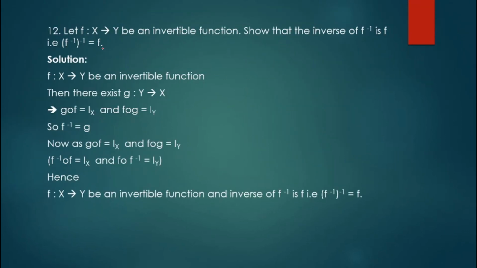Okay, 12th question. Let f: X to Y be an invertible function. Show that inverse of f inverse is f, that is f inverse of inverse equal to f. Let's see. They are already saying it's an invertible function, so there exists g: Y to X such that gof equal to I_X and fog is equal to I_Y, right? Next, f inverse equal to g.